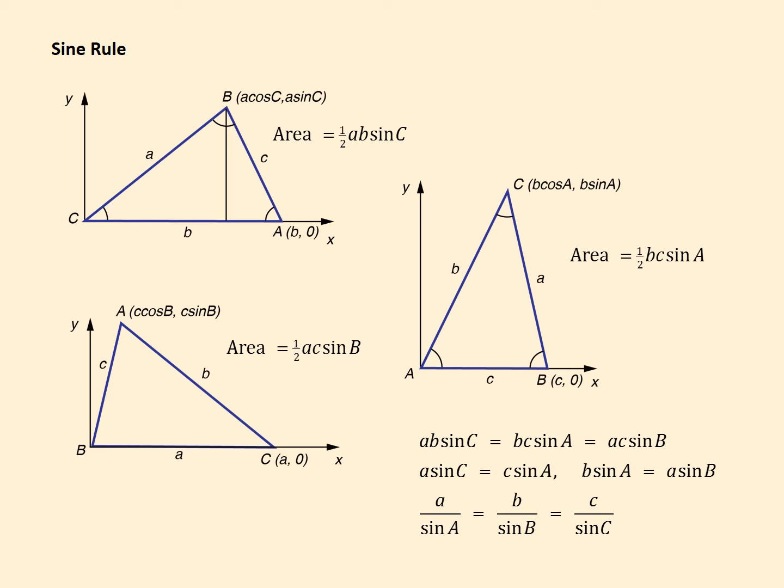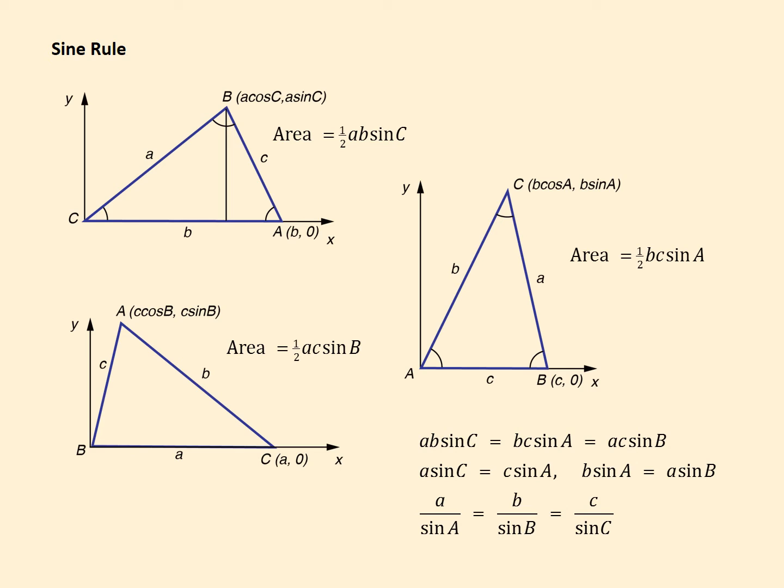In the first diagram, we have the triangle with C at the origin, A on the x-axis and B up there. The coordinates of B are (a cos C, a sin C). And from those coordinates, using the rule for area of triangle, we've got that the area is a half AB sine C.